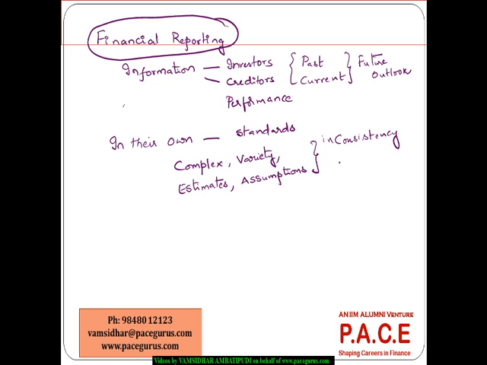So the intention of the financial reporting standards is to come out with a few set of alternatives. Instead of a large gamut of anything can be reported, a few set of possibilities in which the financial statements can be reported.